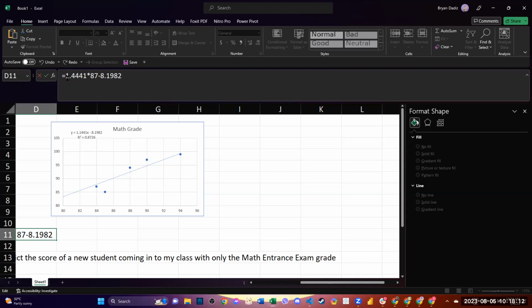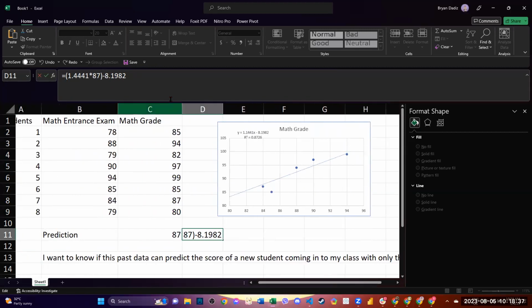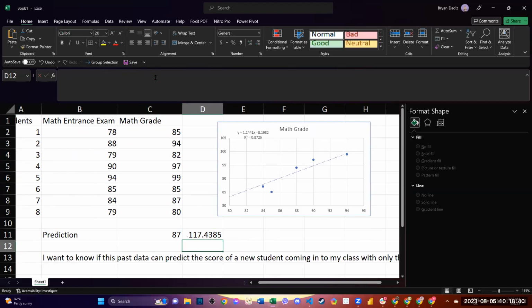So we need to use a parenthesis because we need to first multiply it before we do the minus 8.1982. Okay, so let's know the answer. So our prediction is 117. Sobra na.